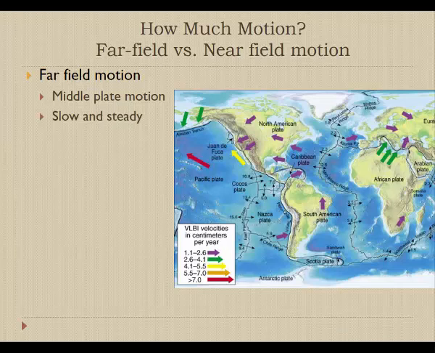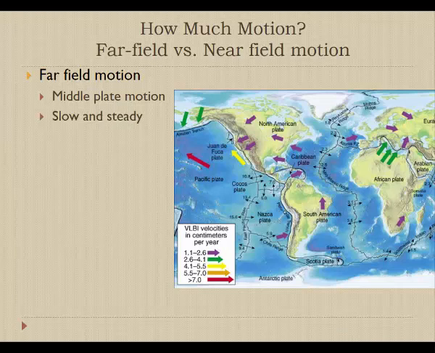And so geologists have different terms that they use to describe these different types of motion. The first type of motion is called far field motion. So far field motion is the kind of motion that occurs out in the interior of the plate, far away from the plate boundary. And this kind of motion is actually quite slow and steady.